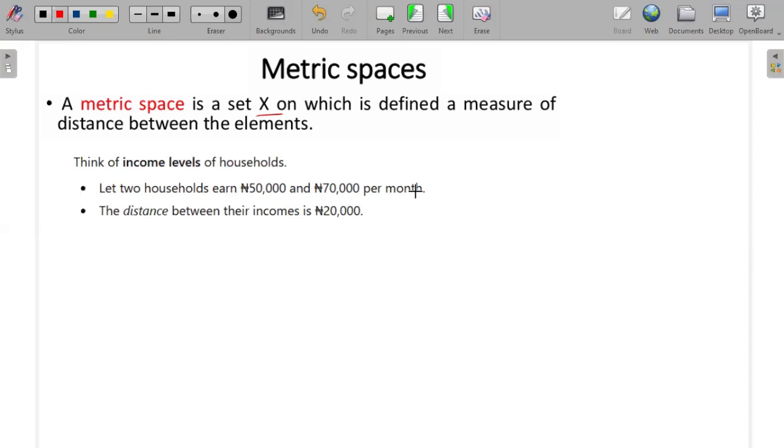So we have these two households. The measurable distance between their incomes, when we subtract 70,000 minus 50,000, is just equal to 20,000. So that is what we are saying is a metric space.